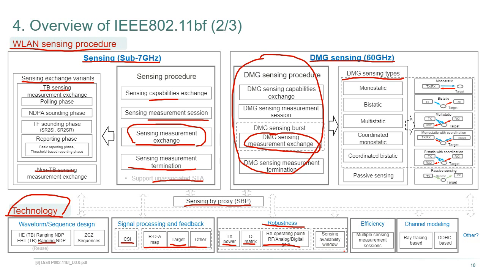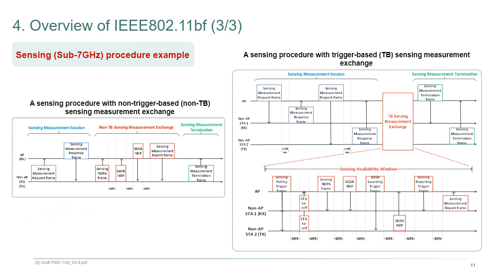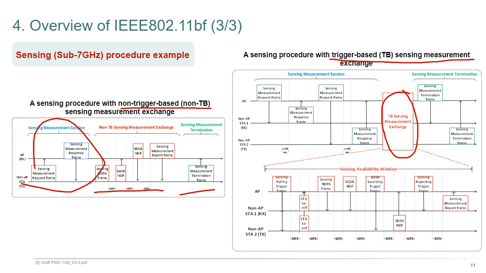And then the next slide shows a procedure example. For the non-trigger based sensing measurement exchange, we have a handshake part, then the measurement exchange part, and then the termination part. For the trigger-based sensing measurement exchange, it is similar, but the difference is the measurement exchange part is more complicated.